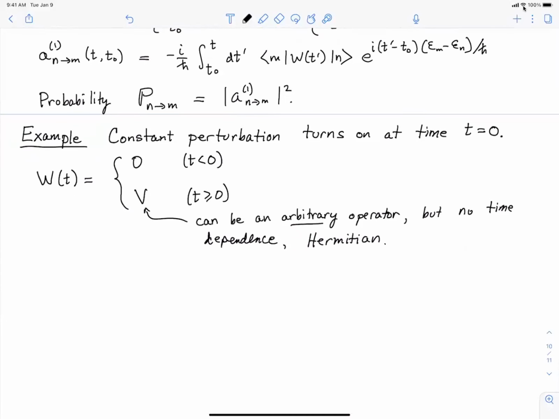Okay, and so now in this example, our task is to find the probability. But because n sounds too much like m, from now on, instead of calling them n and m, I'm going to call them i for initial and f for final.